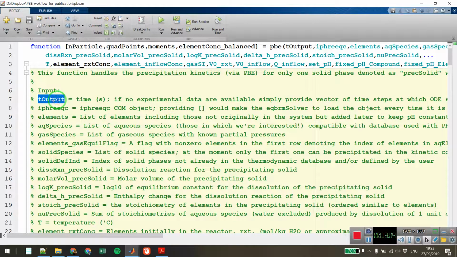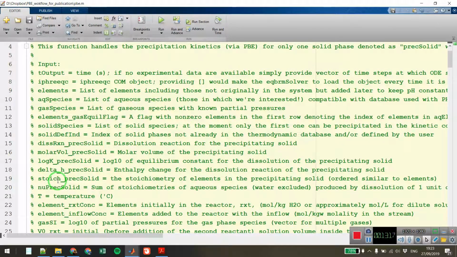We have the time steps over which we want to have the output of integration. We have the PHREEQC object, we have elements, aqueous species. These are the same as before. Then here again, I have to emphasize only one solid can precipitate, and it has to be the first solid in the list of solids in the solid species list.